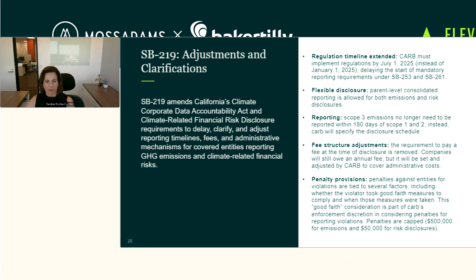The couple of pieces I want to highlight: flexible disclosure. 219 did allow consolidated reporting at the parent level for both of these bills.